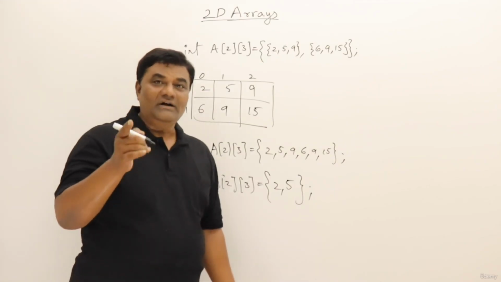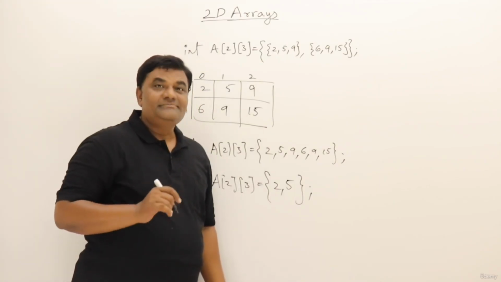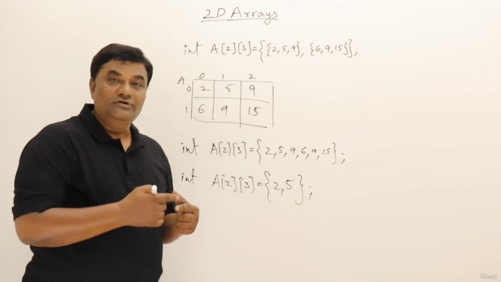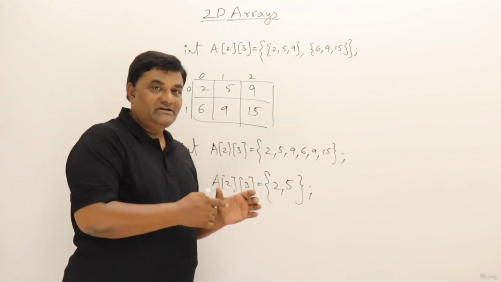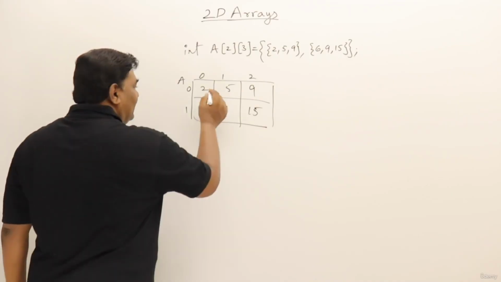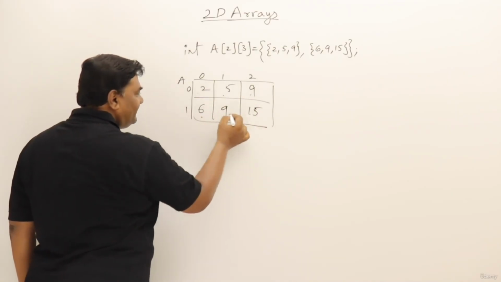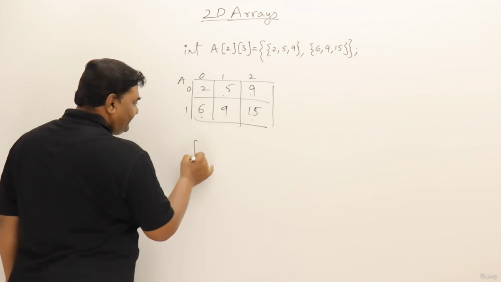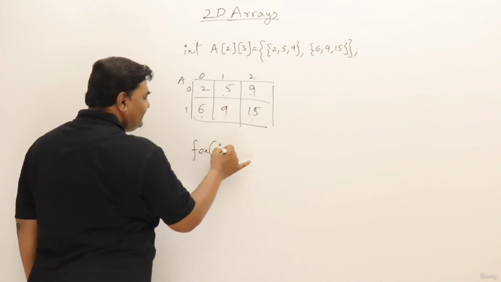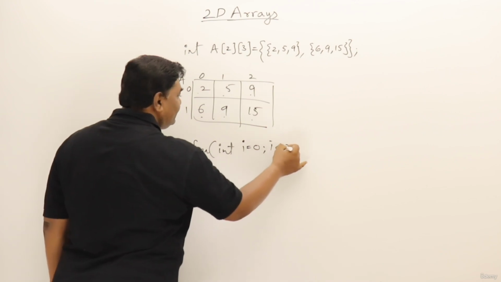Next, let us see how to access the elements of a two-dimensional array. For accessing all the elements, basically we require a nested for loop. One for loop for rows and the other for loop for columns. Let me write down the code and show you. I just want to display all these elements by traversing them one by one, row wise. So for that I will take for int i assign 0, i is less than 2.